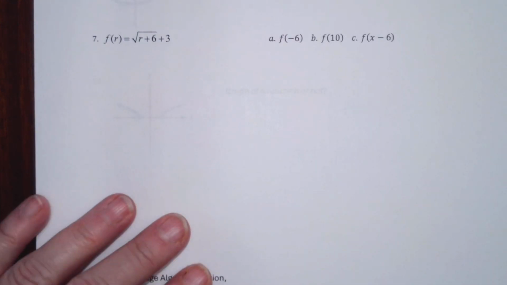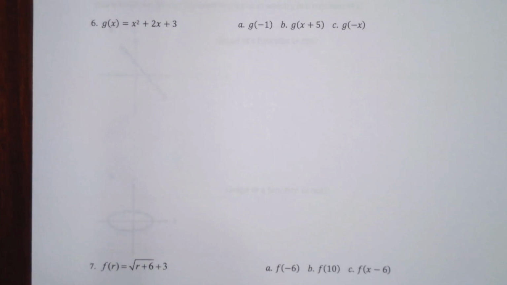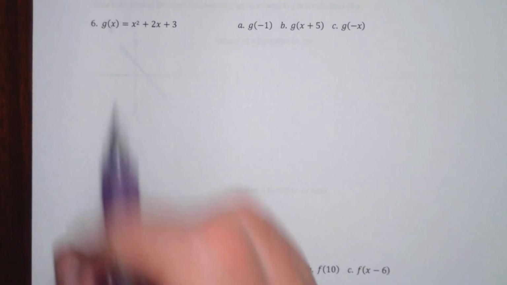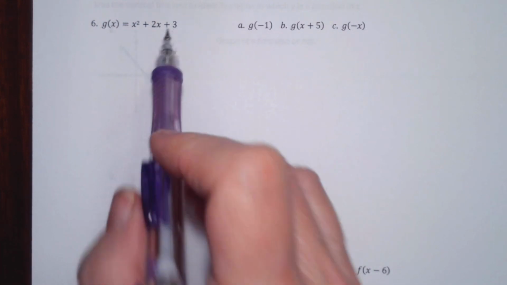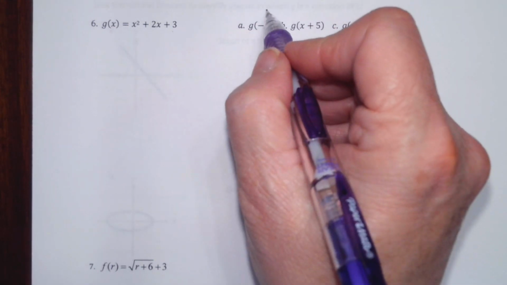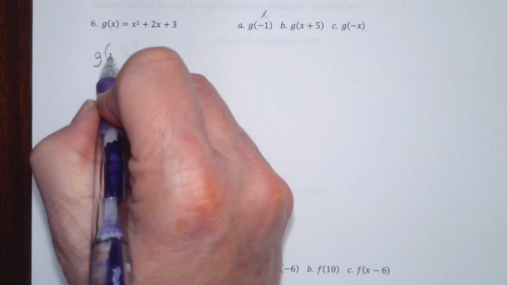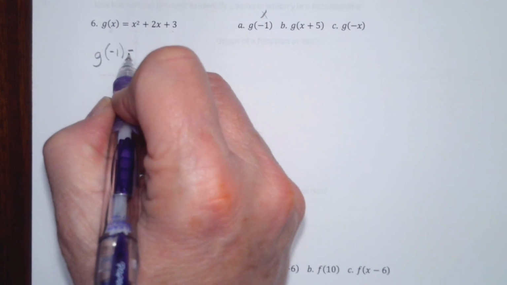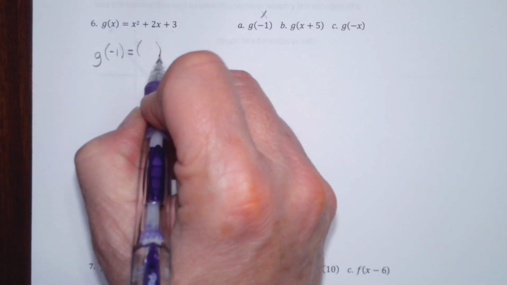Moving on, let's evaluate these, where we had that in the very beginning. How this reads is g of x is equal to x squared plus 2x plus 3. The first thing we're going to do is allow x to be negative 1. So g of negative 1 is equal to, now we have to be careful, wherever there's an x, I like to tell my students to put a parenthesis.